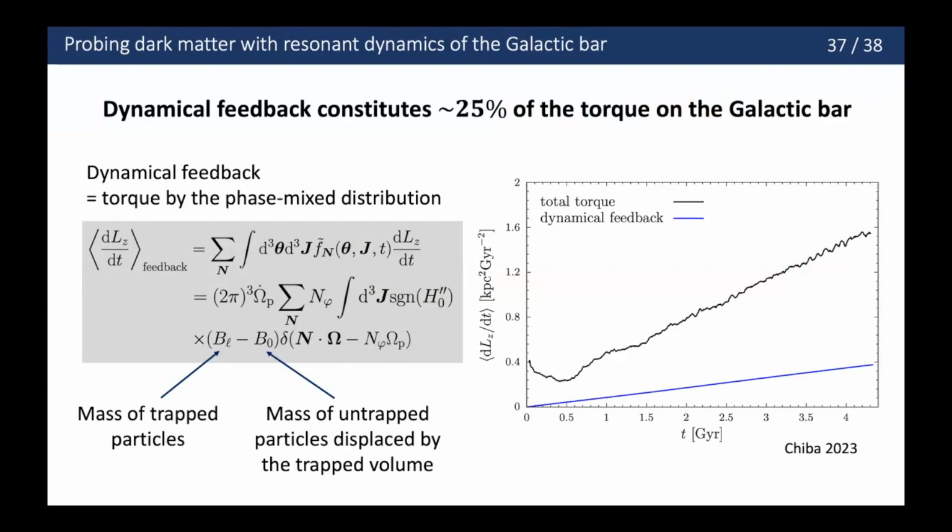And at the end of the day, I get this equation, which tells us that dynamical feedback is proportional to the bar's slowing rate, and it also scales with the difference between the mass of the trapped particles and the mass of the untrapped particles displaced by the trapped volume. So this is like a phase-space analog of the Archimedes principle. So I applied this formula to the bar in the Milky Way, and I showed that around 25% of the total torque is actually from feedback, not friction.